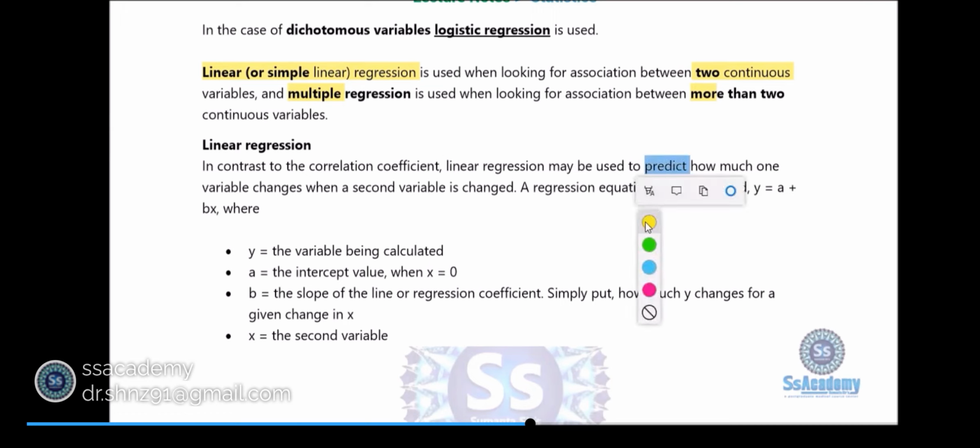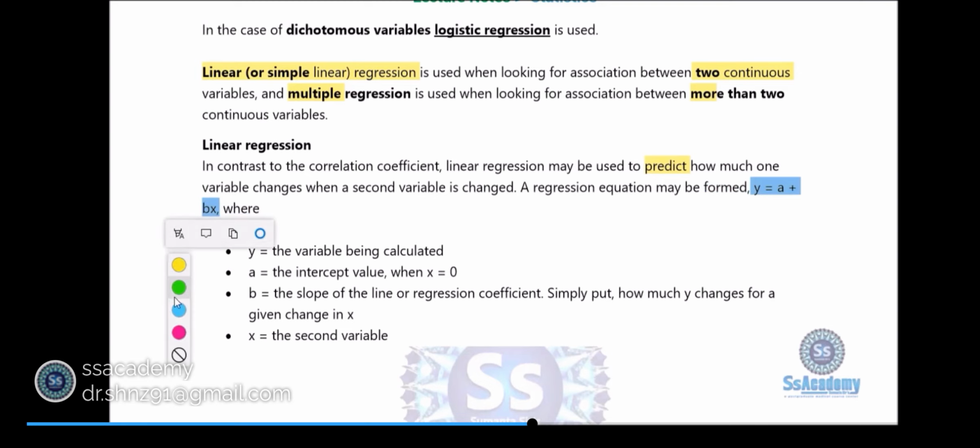Linear regression, in contrast to the correlation coefficient, may be used to predict how much one variable changes when a second variable is changed. A regression equation may be formed: y equals a plus bx.